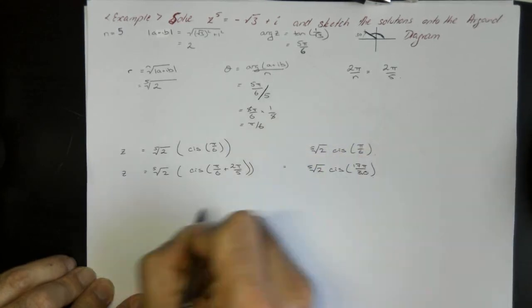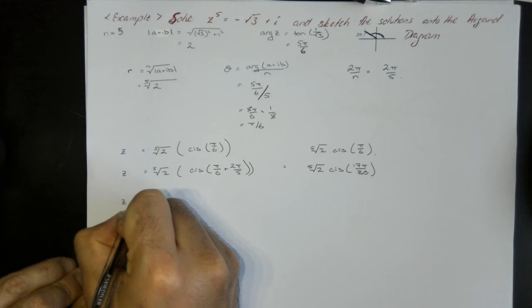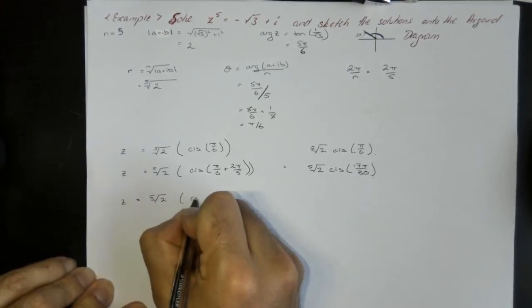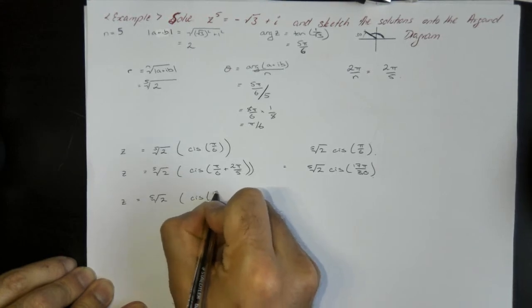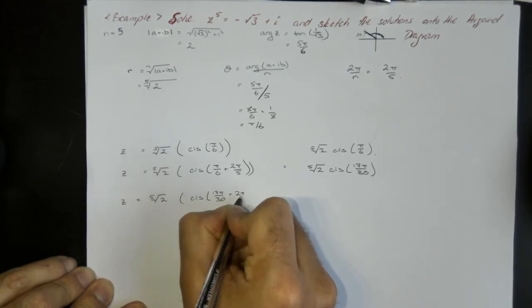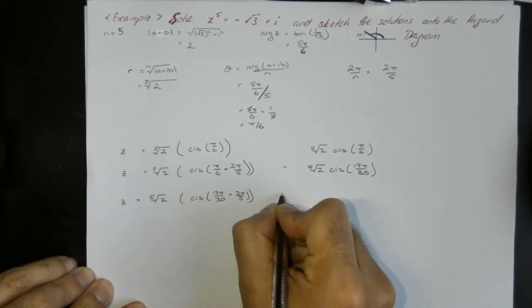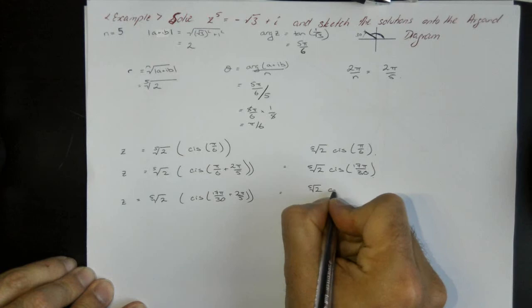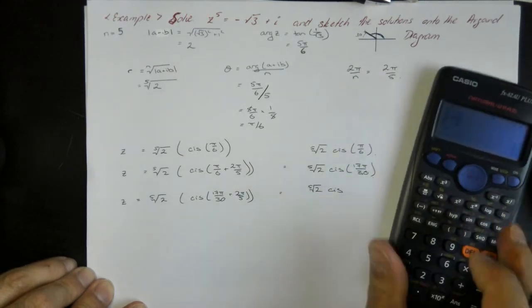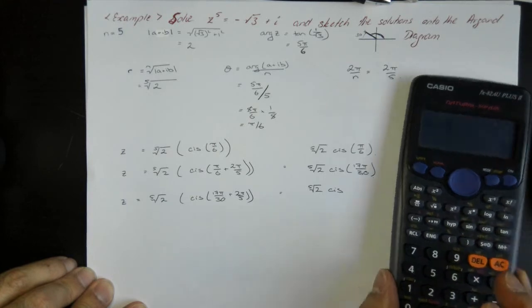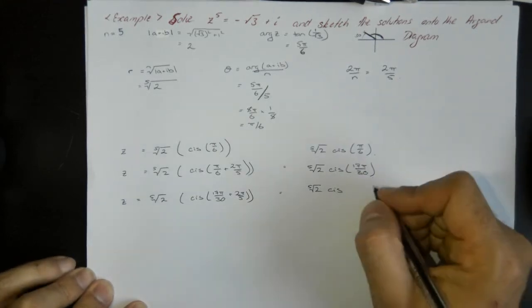That's fine for that one. I'm going to get the next one, which will be cis of 17 pi on 30 plus 2 pi on 5, which is 29 pi on 30.